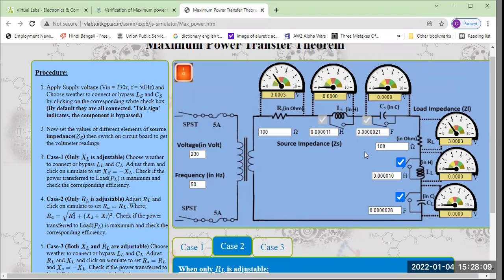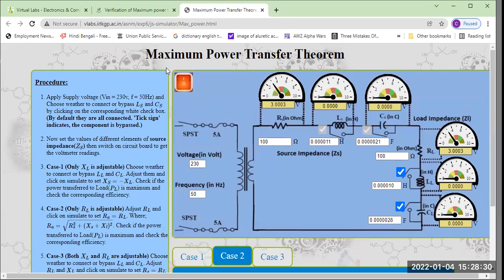No. But we are demanding that all speakers should give the same sound, so that your auditorium seems like a Dolby sound system. So in these cases, we can apply this maximum power transfer theory.